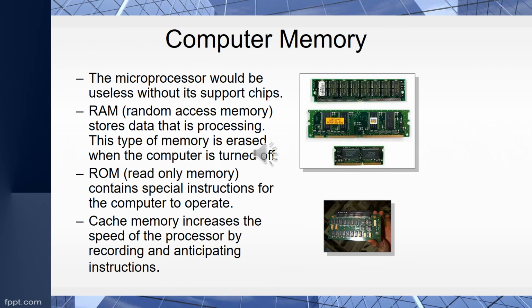The microprocessor will be useless without its support chips, which consist of three types: ROM, read-only memory chips; RAM, random access memory; and cache memory, which helps to speed up computer operations.